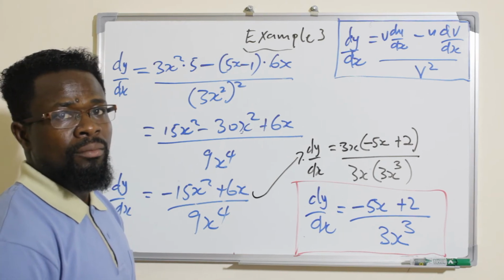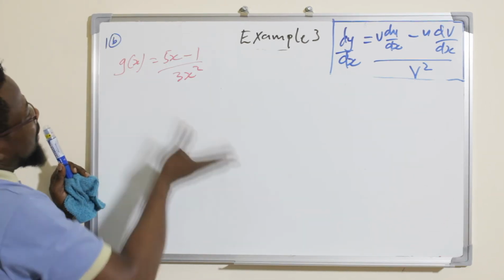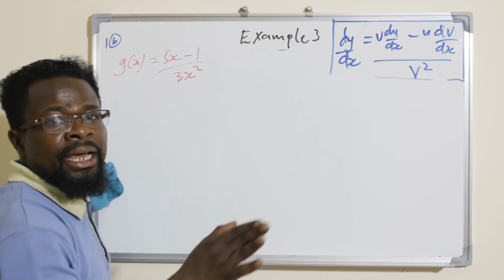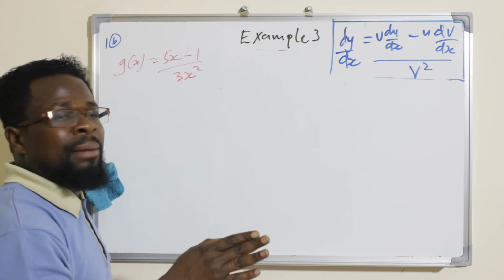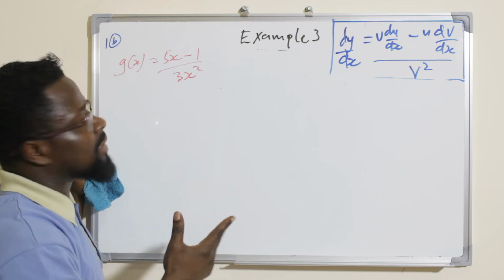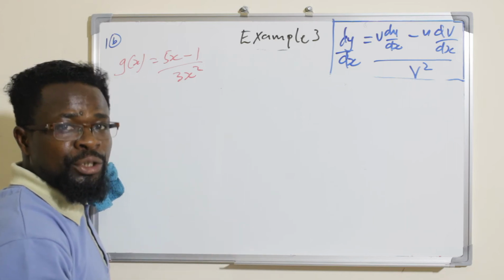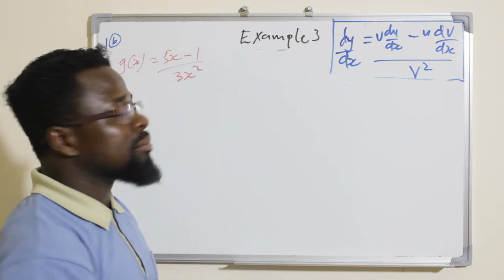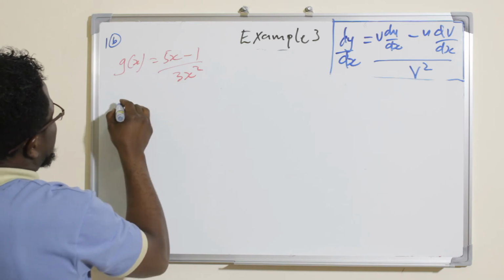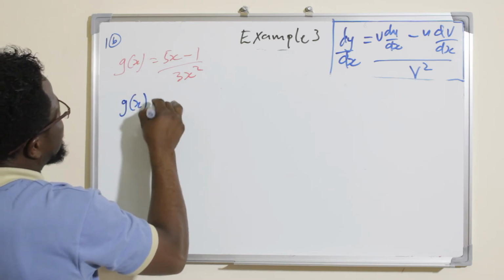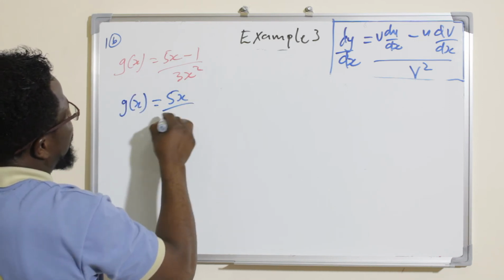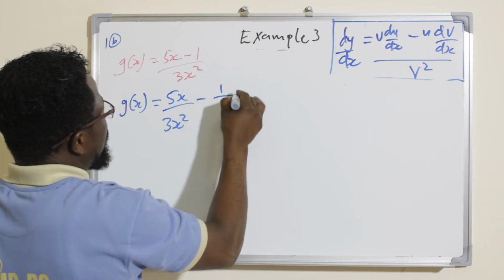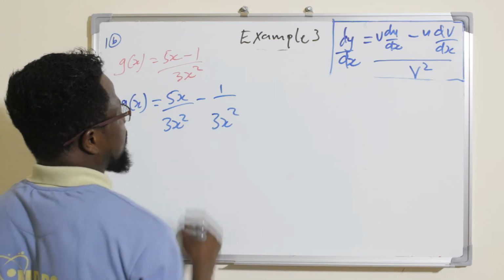Our quotient rule. Alright, so the first one was to solve by the quotient rule, and this time around we want to use any other method. To use any other method, I have to look at the question critically and see which other method I can use. So if I look at this, since this is a fraction, I can write it as g of x equals 5x over 3x squared minus 1 over 3x squared.